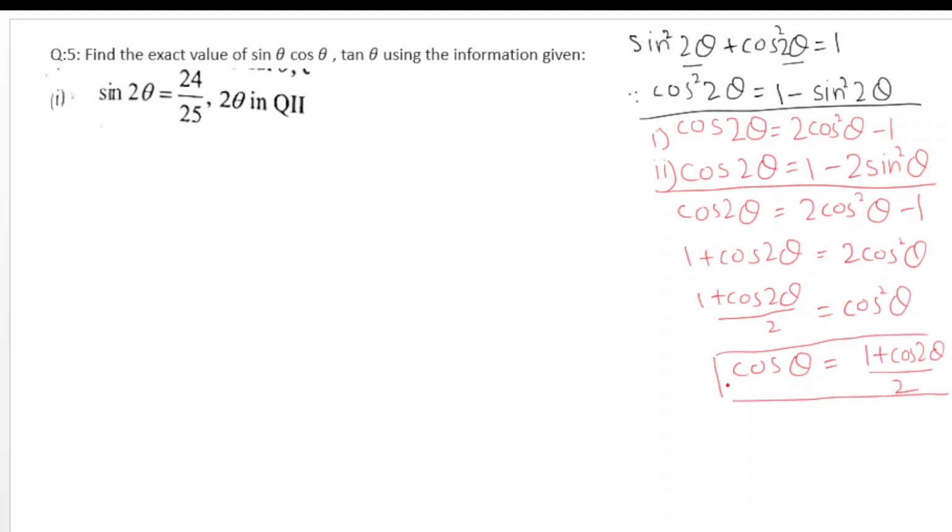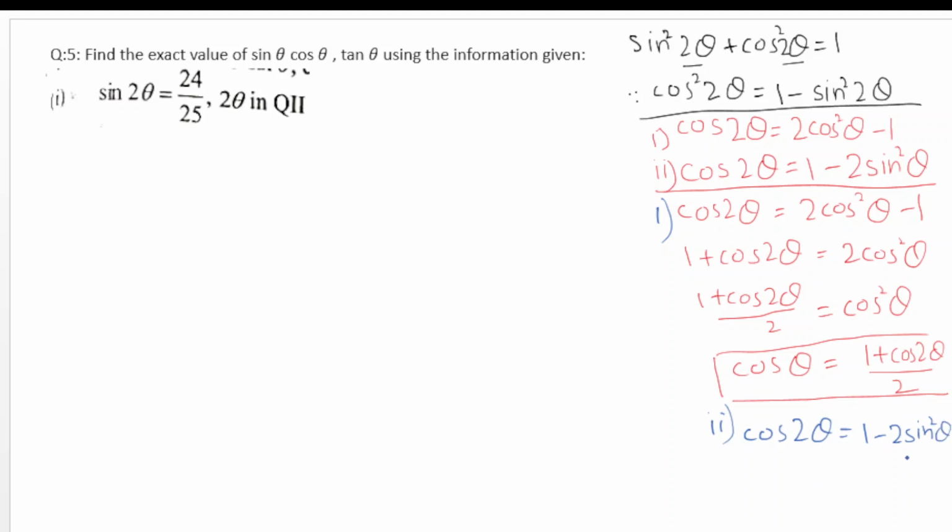Now we'll move toward the second formula. That was the first one, as I gave the name; no problem, you can say any of them first or second. Now cos 2 theta I will write over here: cos 2 theta is equal to 1 minus 2 sine square theta.